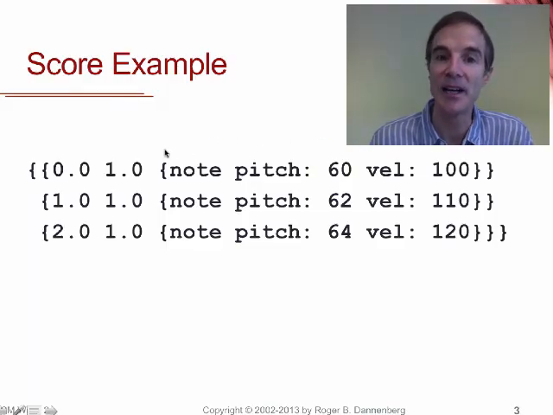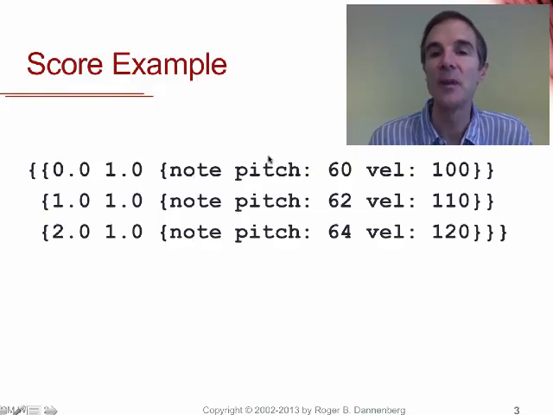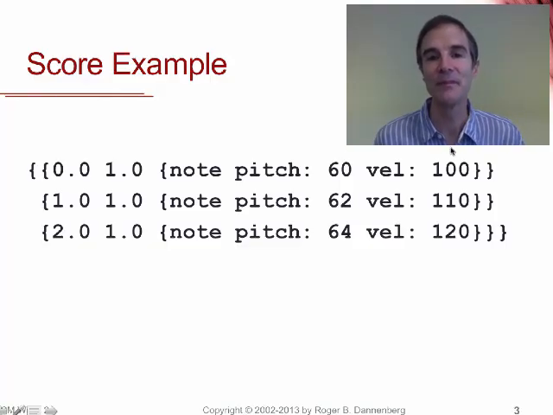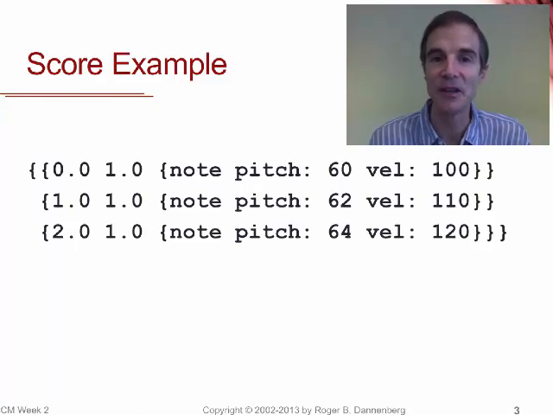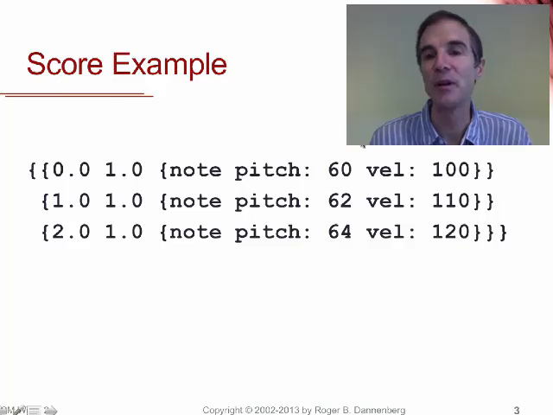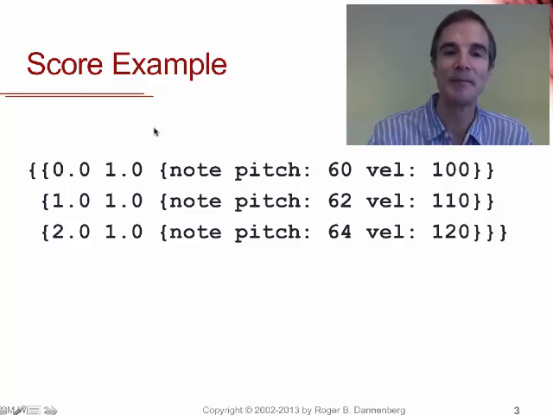All right, each sound is an instrument, the symbol note, and then followed by attribute, value, attribute, value. Okay, not every score is going to use note as the name of the sound or the function to call. Not every sound is going to have pitch parameters and velocity parameters, but this is a good example.